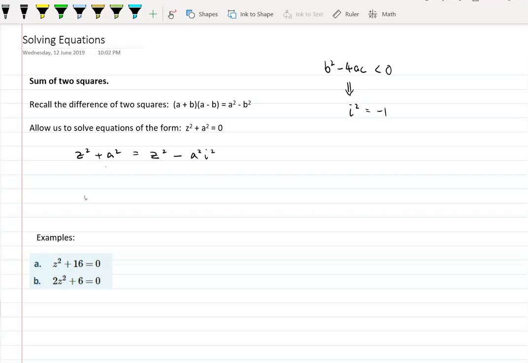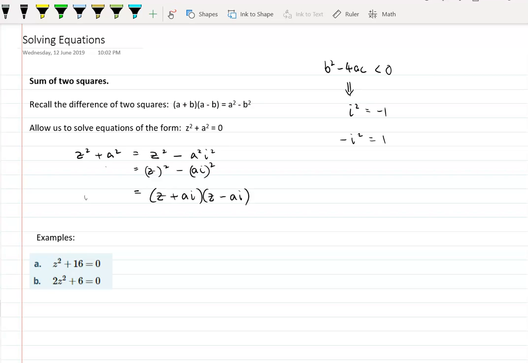So negative i squared is equal to +1, which creates the negative sign. We rewrite that as the difference of two squares, and that becomes z plus ai, z minus ai.